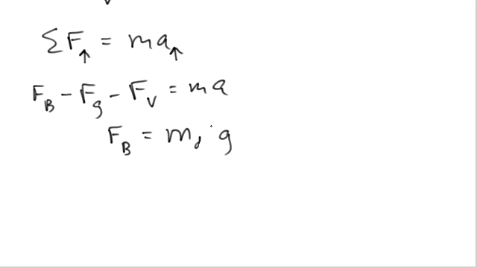In this case, the fluid is water, so m_dw times the gravitational force constant. So that's equal to the density of the water times the volume of the ball, because it's totally submerged, so the volume of the displaced water is going to be equal to the volume of the ball, times g.